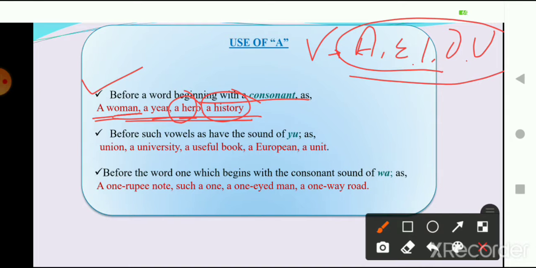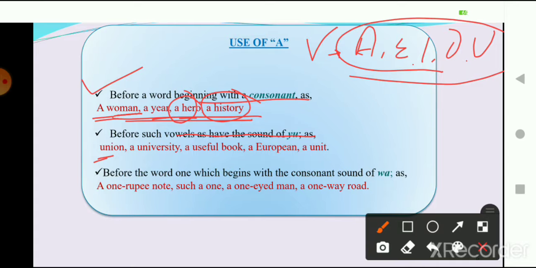Now let's see the second way: before such vowels as have the sound of u. We use the article a before those vowels where the sound produced is u. As you can see in the first one, union.